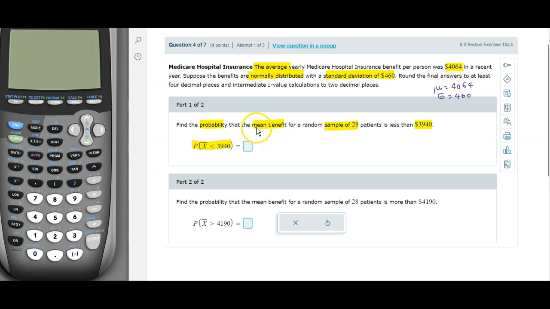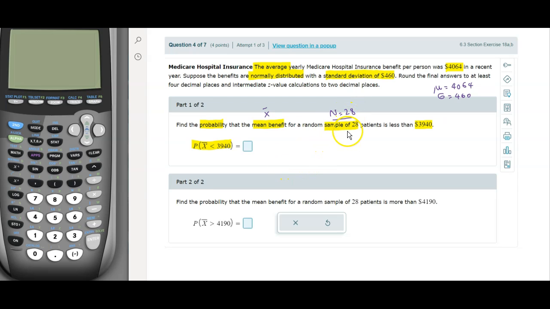Whenever they use the mean benefits here, they are asking for the X bar. Another indication of the X bar is the sample: they give you n equals 28.